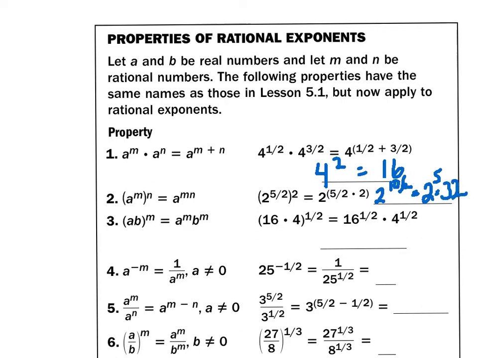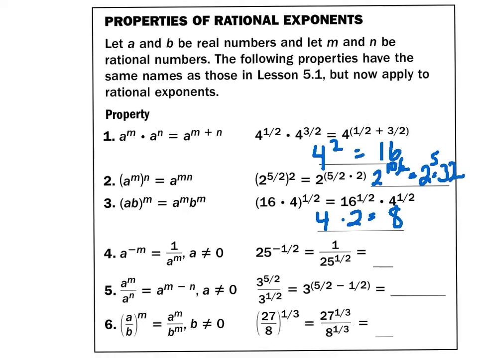If we have a product here, we can split it apart and then do the radical to both of them. So we can have 16 times 4 to the 1/2, or square root of 16 is 4. Square root of 4 is 2, so that equals 8. And then you know that the negative sign means flip it.